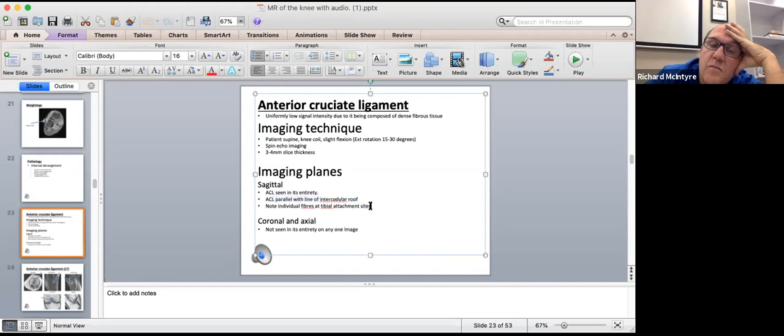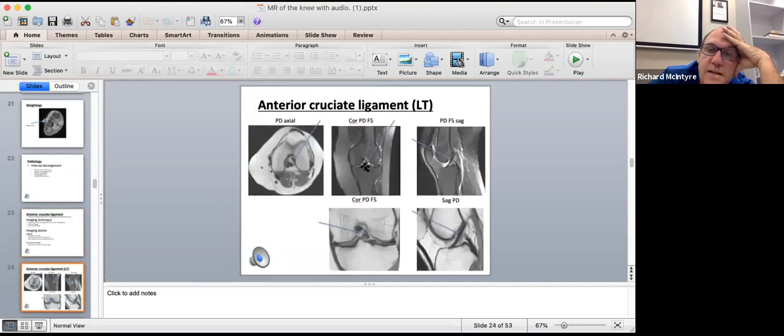And we also need to note the individual fibers at the tibial attachment sites in a normal ACL. Obviously, on coronal and axial, we won't see it in its entirety, but we will see it, and we will be able to get a cross-section of those ligaments of the ACL on the other images.